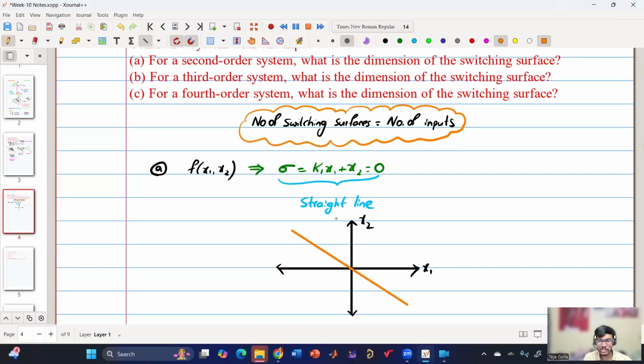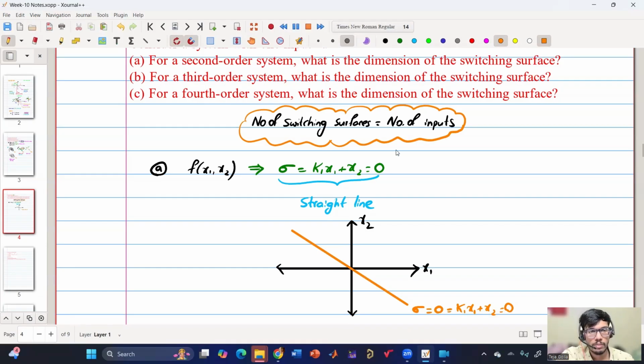But if we consider hysteresis, then it is slightly above the origin and below the origin. But we are now not discussing the hysteresis part, which is practical implementation. We are only discussing the ideal cases. So this is sigma equals to 0, which is k1 x1 plus x2. You know that k1 x1 plus x2 equals to 0 is a straight line passing through the origin with a slope of minus k1. So the switching surface is a straight line. Sorry, single dimensional, not 2-dimensional. Line is one dimension.